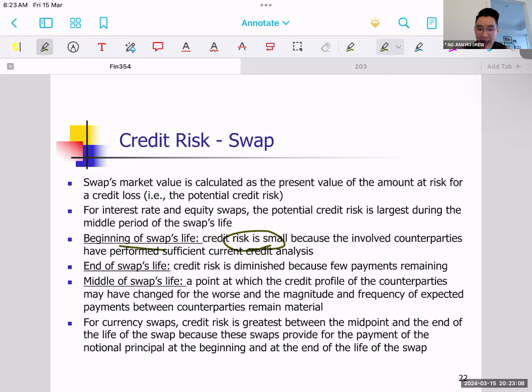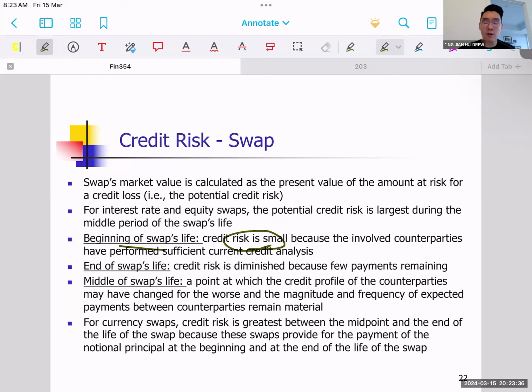Now, let's think about the end first. At the end of the swap, recall that a swap is a series of forwards, and each forward has a maturity, right? So at each maturity, maybe there's a payout, maybe there is some change in notional amount, because it's a series of forwards. And because of that, there are cash flows happening.